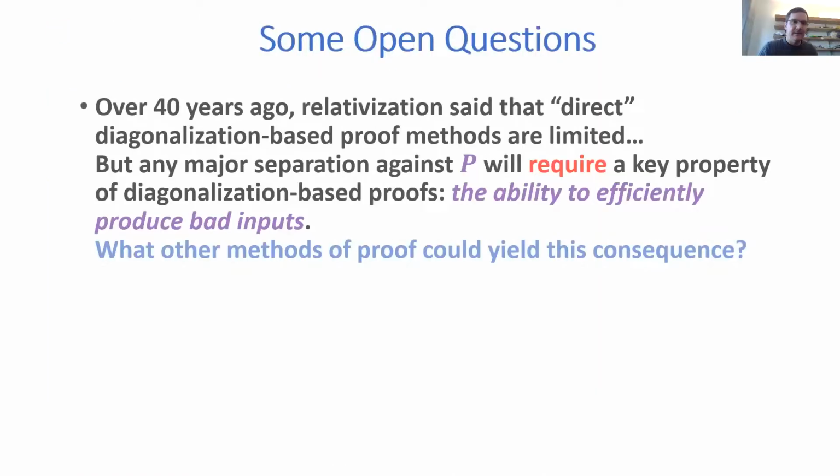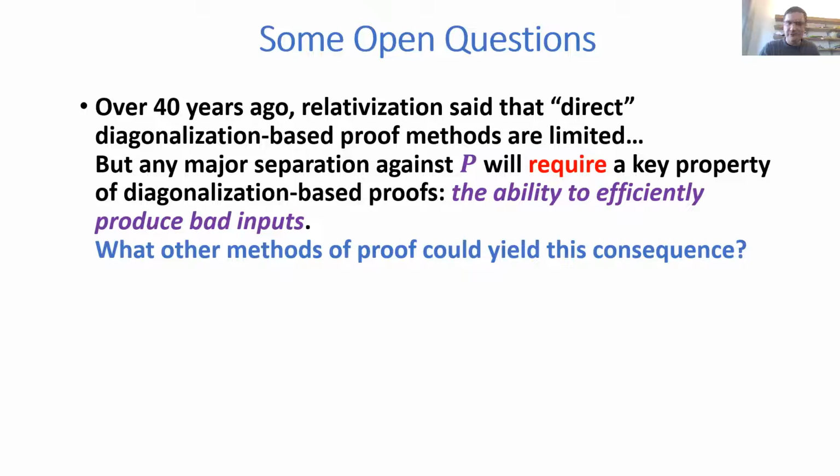So I want to conclude with some open questions. These are the biggest ones I can think of, but there are more in the paper. The first one is that over 40 years ago, relativization said that direct diagonalization-based proof methods are limited, right? Like the time hierarchy theorem, direct diagonalization-type proof methods are limited due to oracle results.